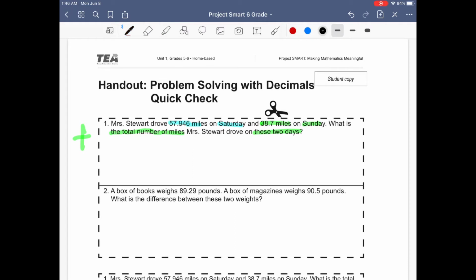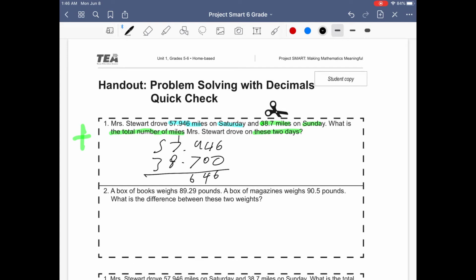All right, so let's go ahead and set this up. So remember, the bigger number goes on top, which is the 57. Add the decimal and add the rest of the numbers, and then the 38.7. And then we'll add the other 2 zeros here. So these automatically come down. And then 9 plus 7 is going to be 16.